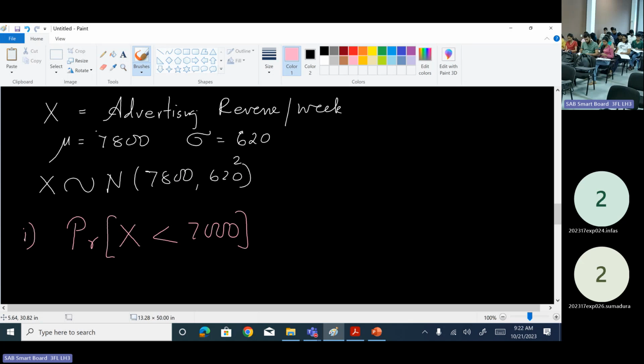Now this is something similar to the problem we discussed earlier. General normal. First we have to transfer this to standard normal. X when you transfer goes to Z: 7,000, subtract mean, divide by sigma, 620.